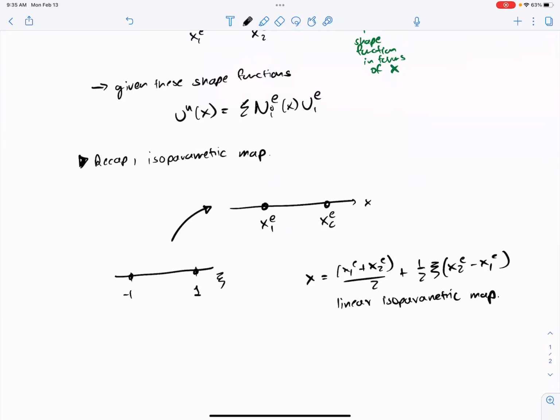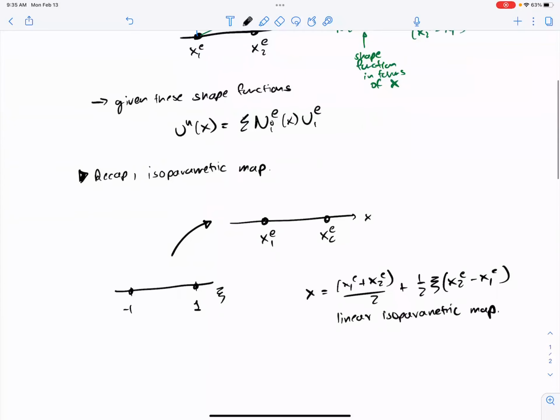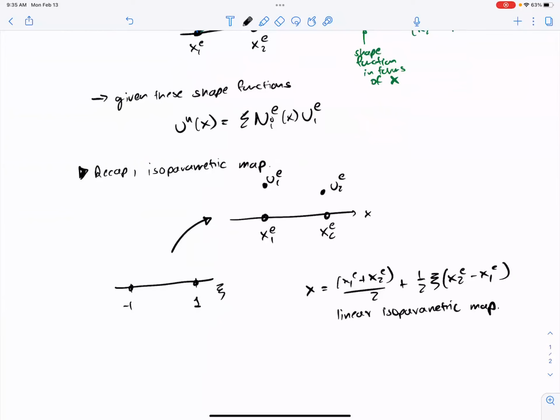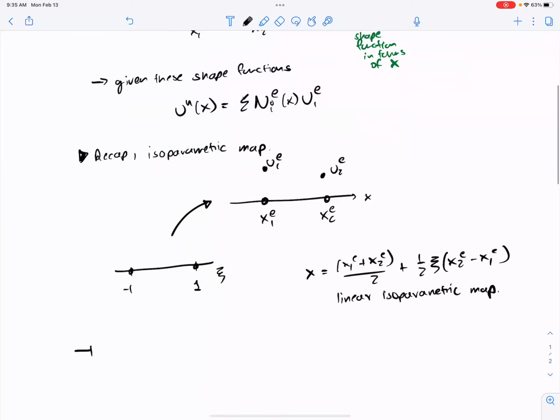So what I want to tell you, because you need it for your homework, is that let's say that I want to interpolate a function, again given u1e and u2e. We didn't do that last time, but this is what I want to show you today. We can use shape functions in the xi space.